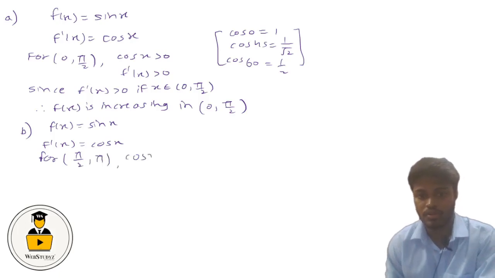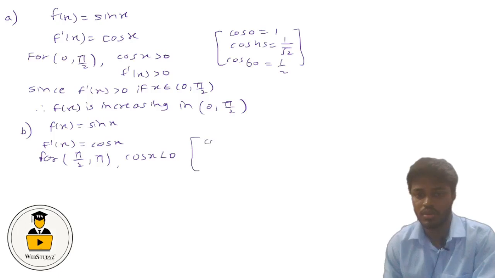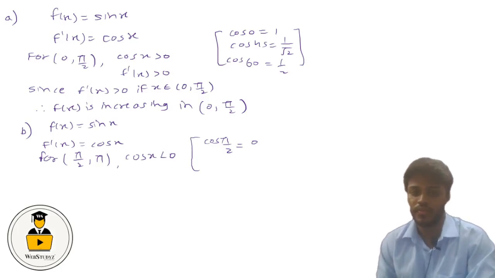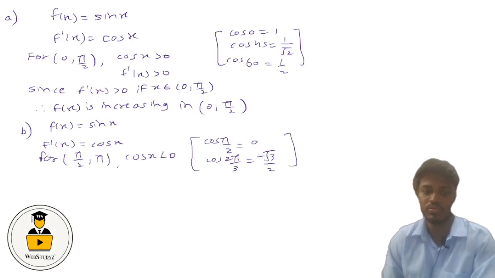So we can say that cos of x is less than 0 for pi by 2 to pi, because cos pi by 2 is 0, and if we take cos 2 pi by 3, which is cos 120, it is minus root 3 upon 2. So we can see that it is becoming negative in the range pi by 2 to pi.